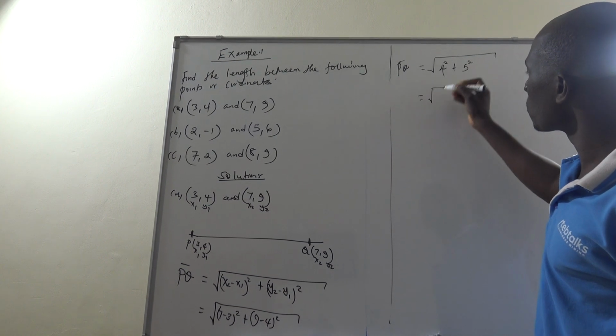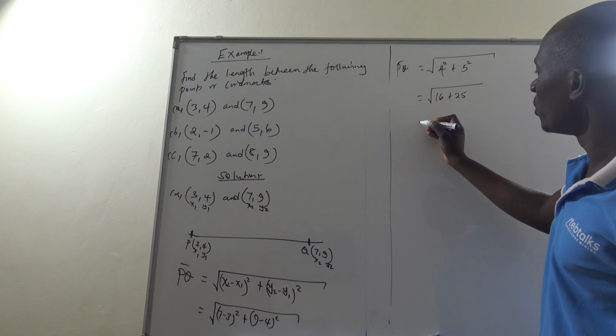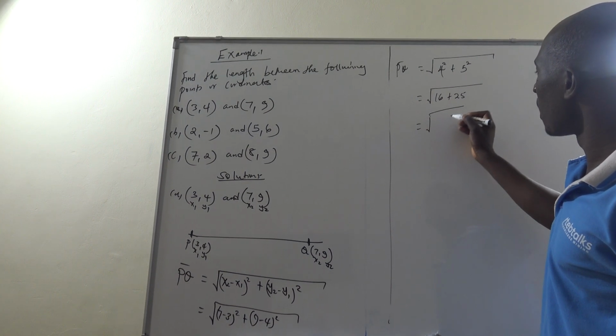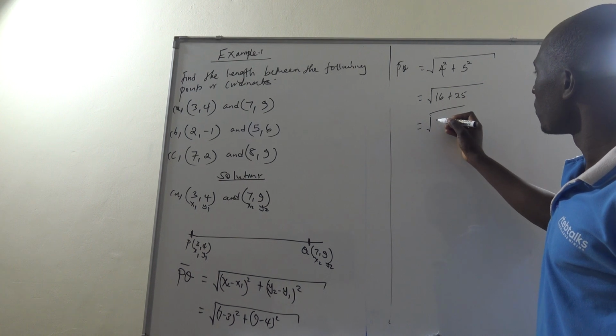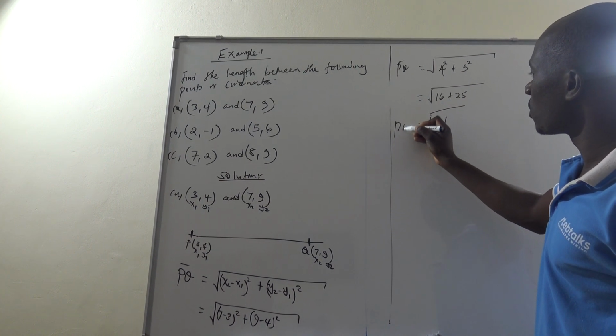And what is 4 squared? That is 16 plus 25. So when you try to add, we are coming out with 41. So this is PQ.